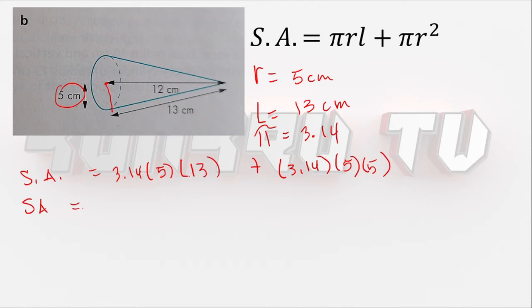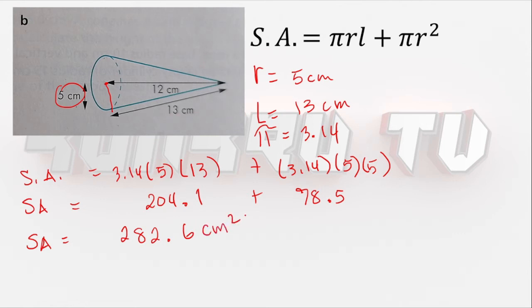So meron tayong 204.1 plus 78.5. So sagot natin, 282.6 square centimeter. Okay, 282.6 square centimeter. Yan ang ating surface area for cone number 2 or yung example natin sa part na to.